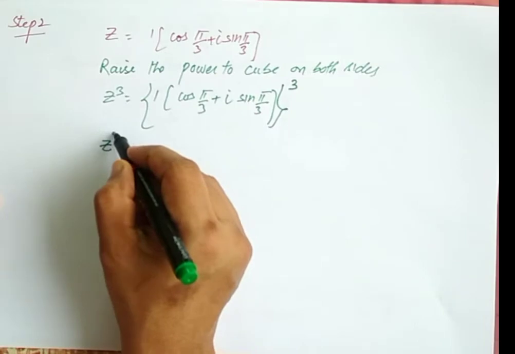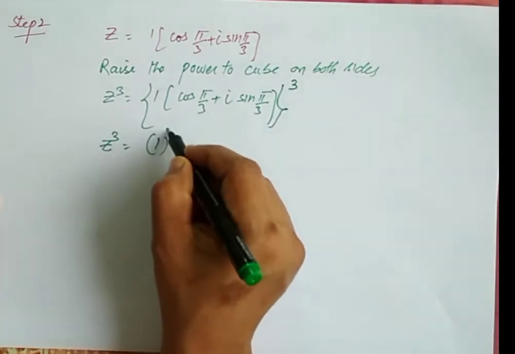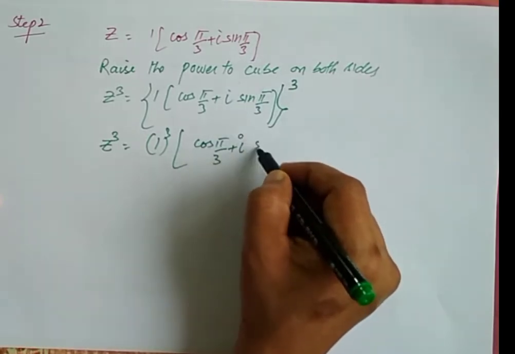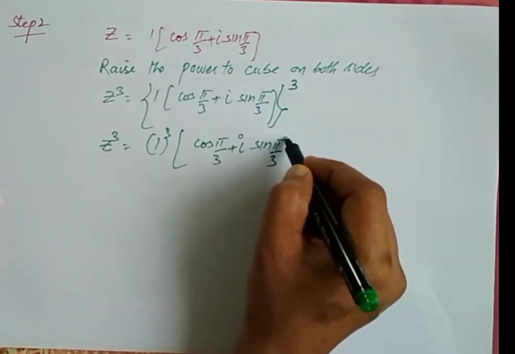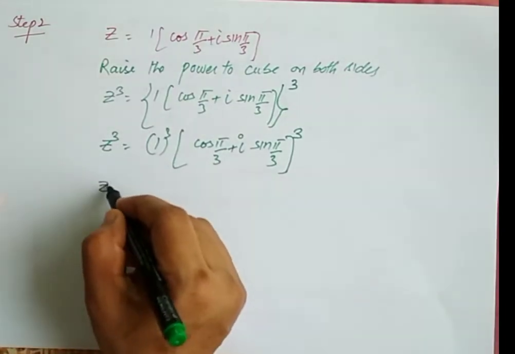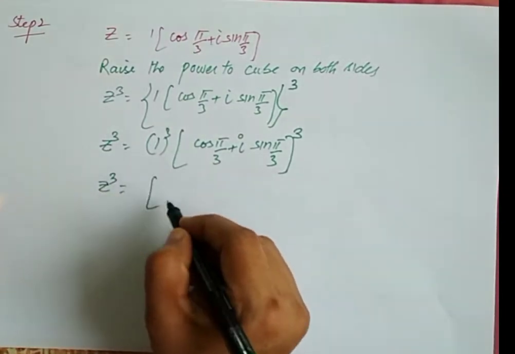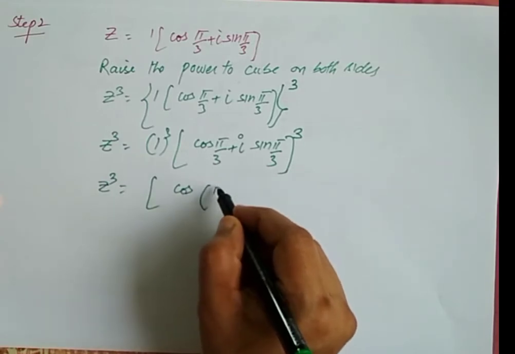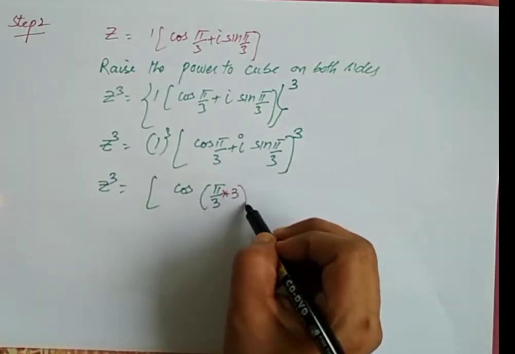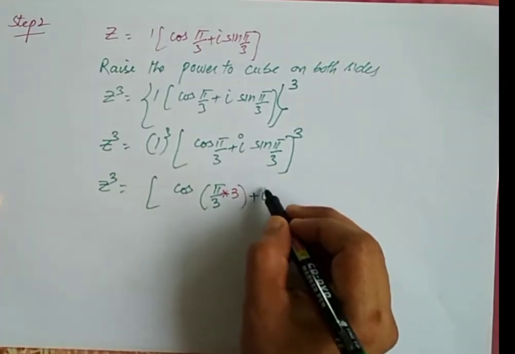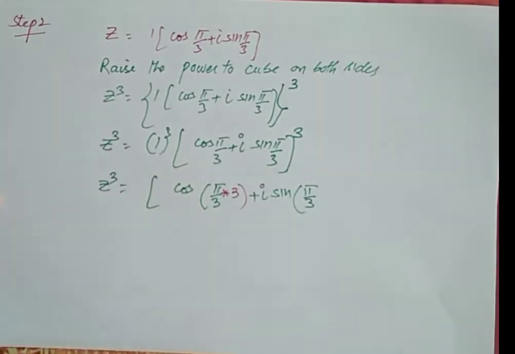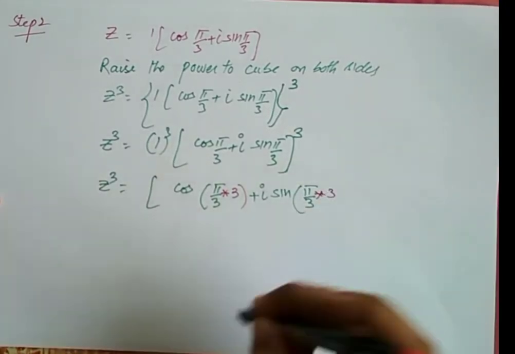So z cube is equal to 1 cube times cos of pi by 3 plus i sin of pi by 3, whole raised to 3. So z cube is equal to cos of pi by 3 into 3 plus i sin of pi by 3 into 3.